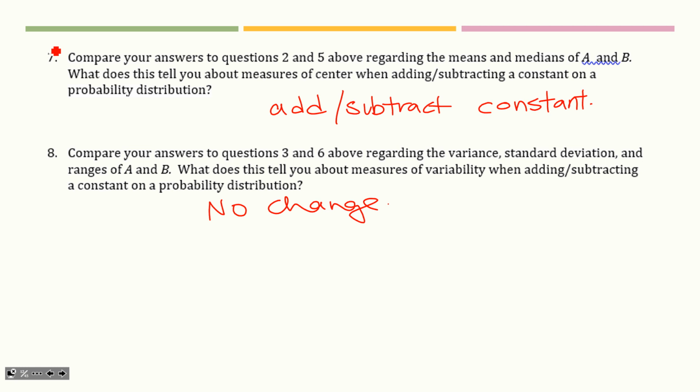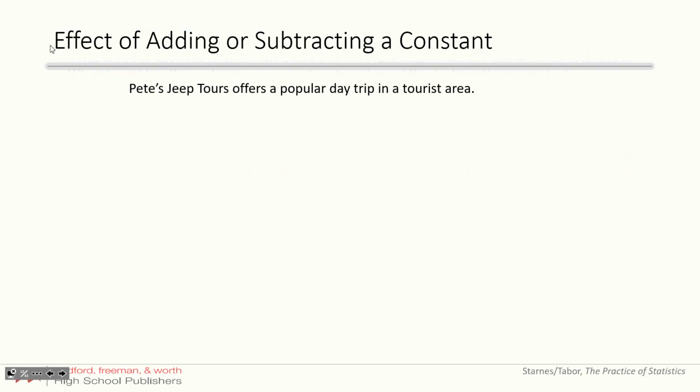If I'm adding 3 to each data value, I'm shifting them along the x-axis to the right, or to the left if I'm subtracting, but I'm not changing the variability. I'm not spreading them out or condensing them at all. So my measures of variability stay the same. Okay, so put that off to the side for right now.